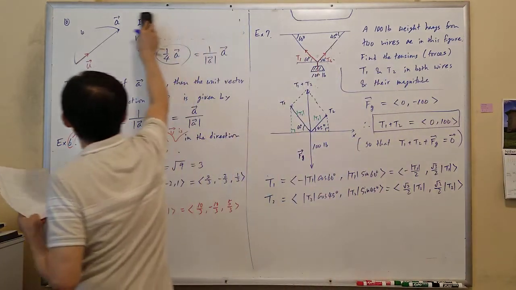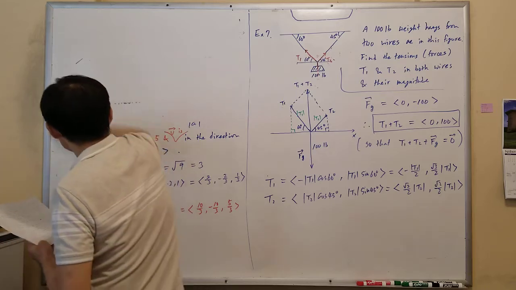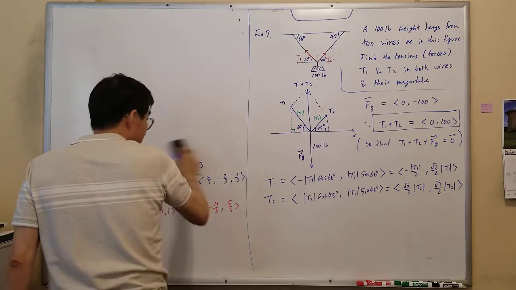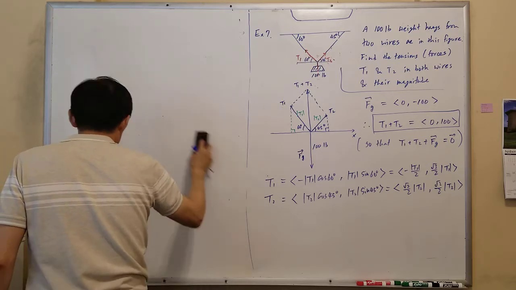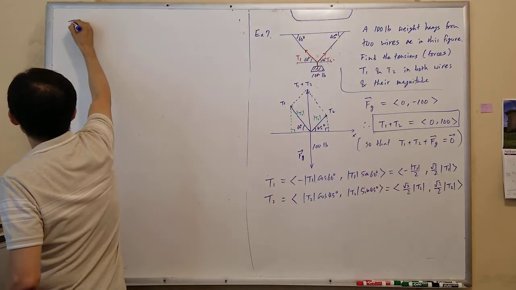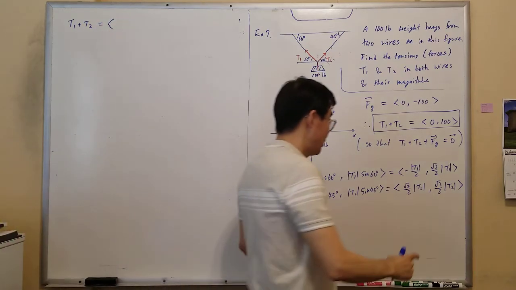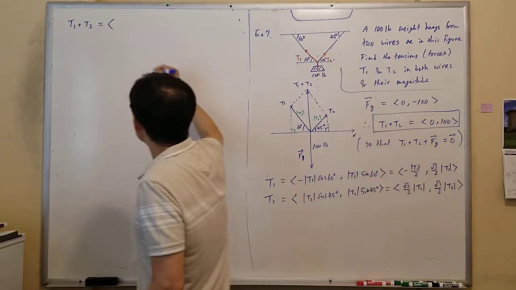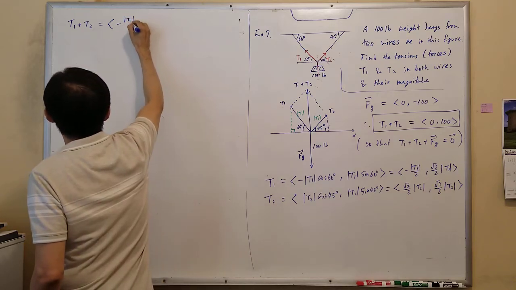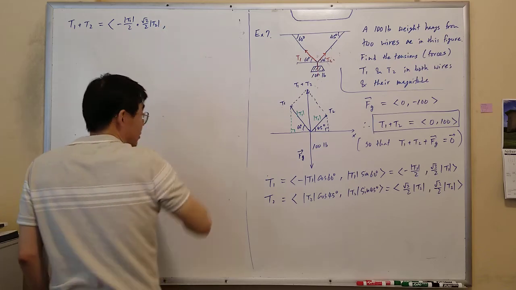So, what is it? T1 plus T2, component-wise, you have to add these. Minus magnitude T1 over 2 plus square root of 2 over 2 T2 magnitude, alright?